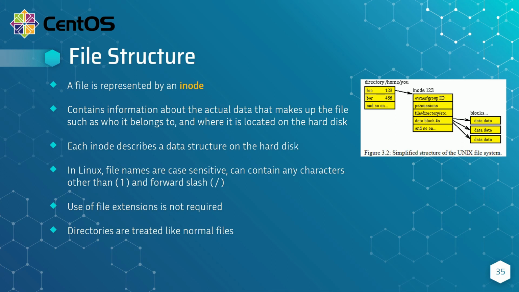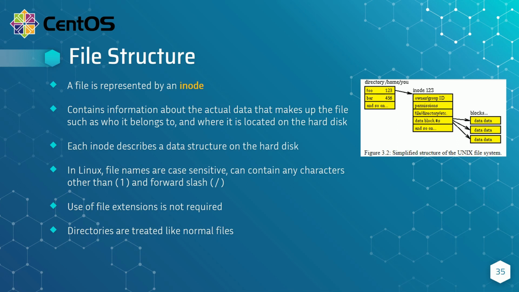We'll just briefly talk about the file structure. A file is represented by an inode. It contains information about the actual data that makes up the file. This includes things like which user it belongs to and where it is actually located on the hard disk.